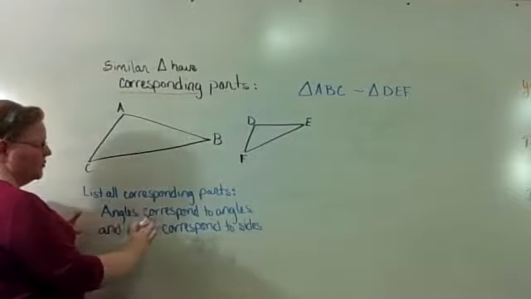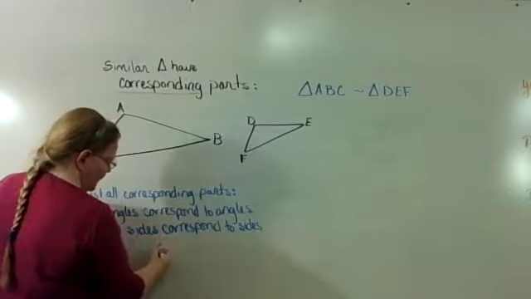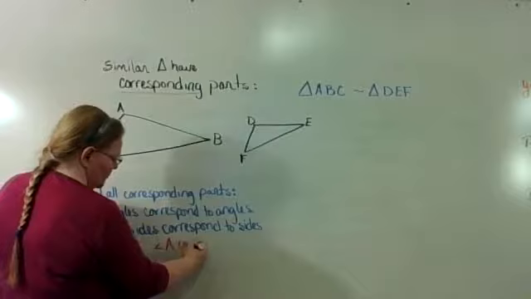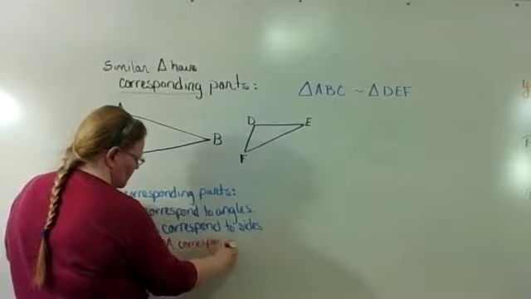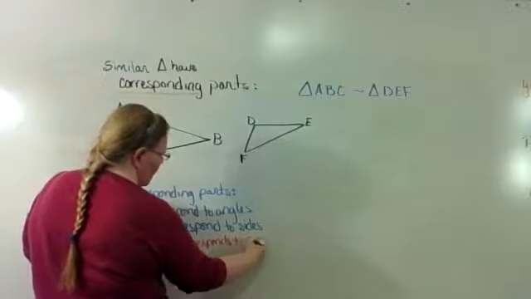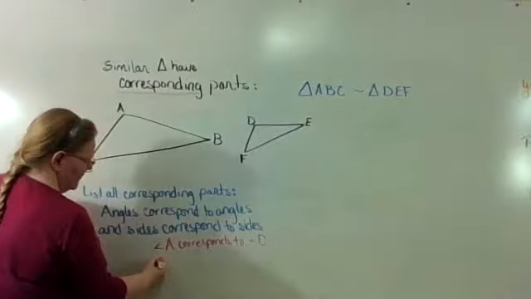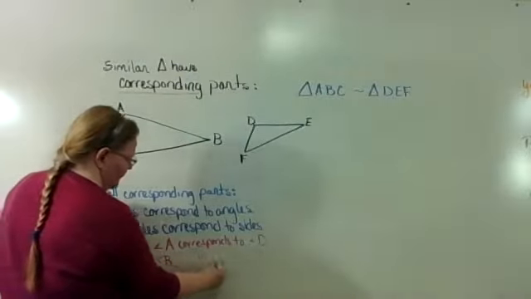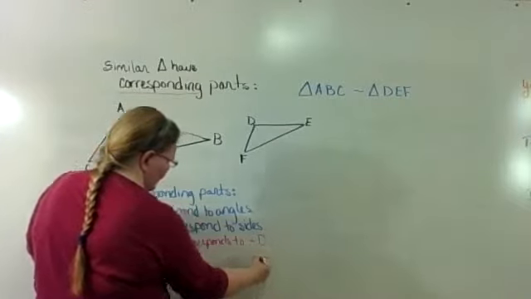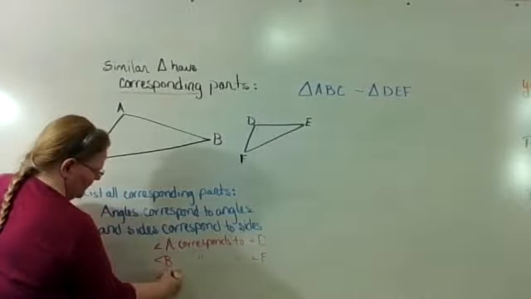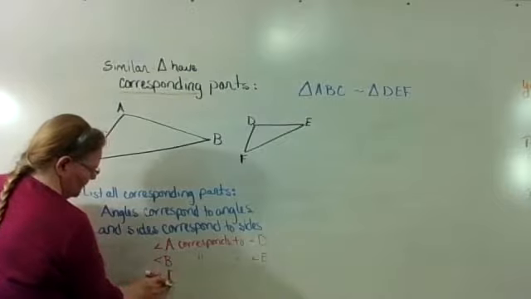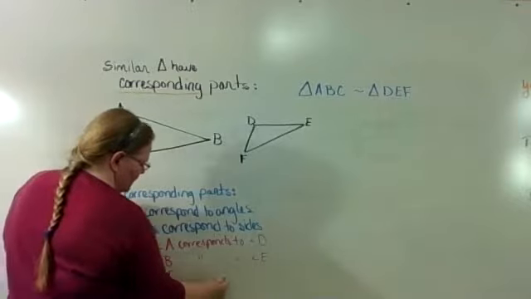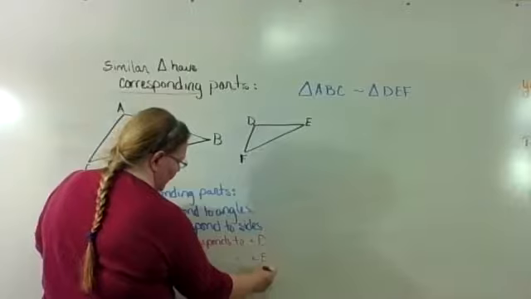But just for the list of corresponding parts, we have angle A corresponds to angle D, and that means that angle B corresponds to angle E, and angle C corresponds to angle F.